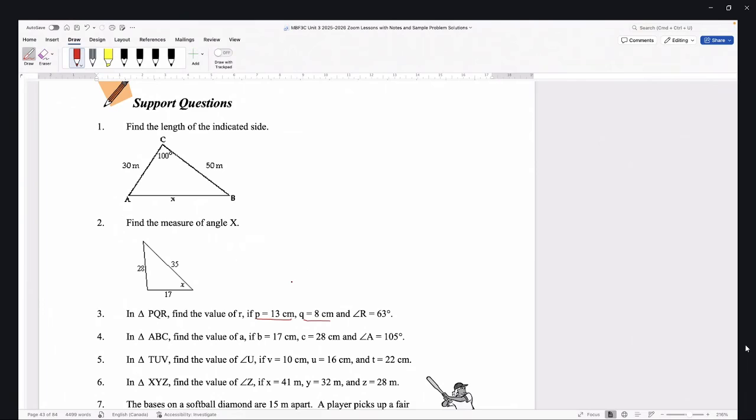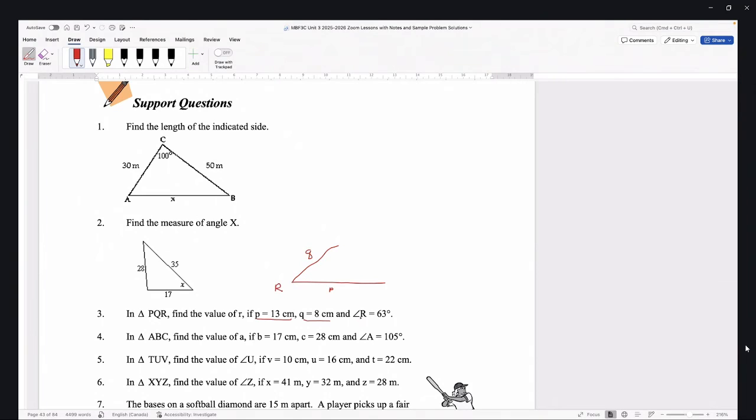So if I just go like this, P is going to be the longer side, so we call this P. Q is shorter, and the angle R is 63 degrees, so 63 degrees would probably be something like that. This would be angle R. That would be side Q.